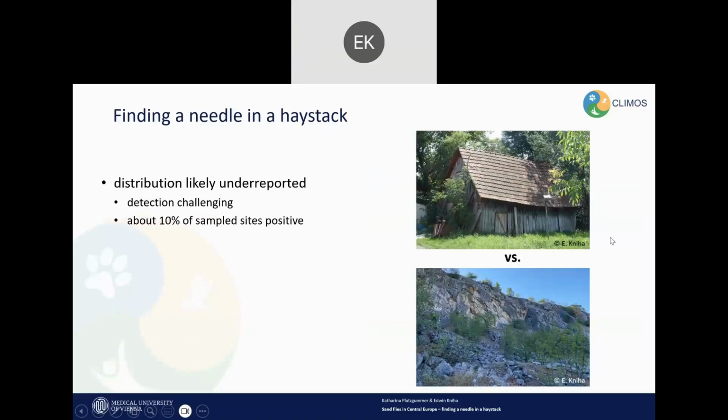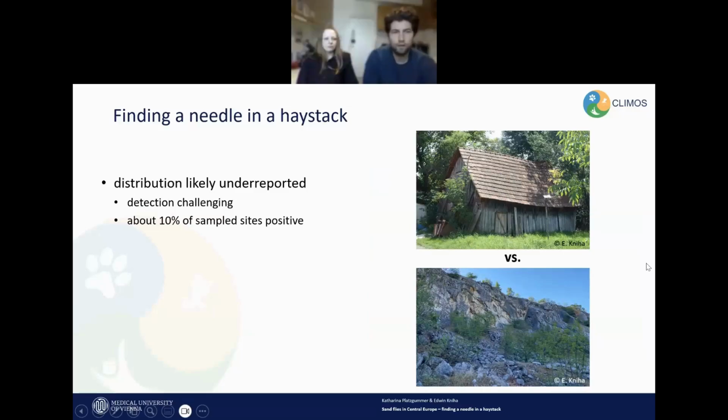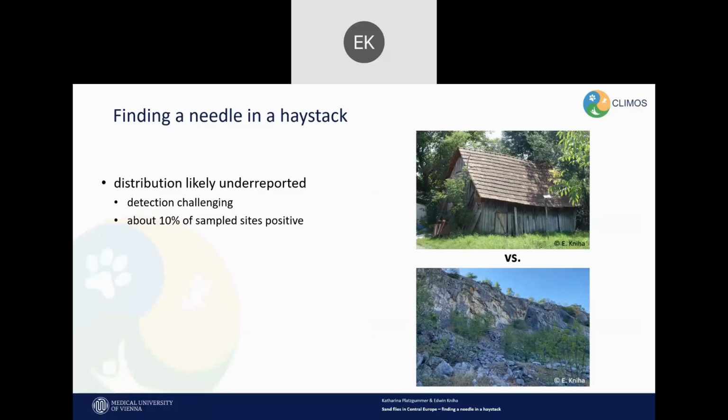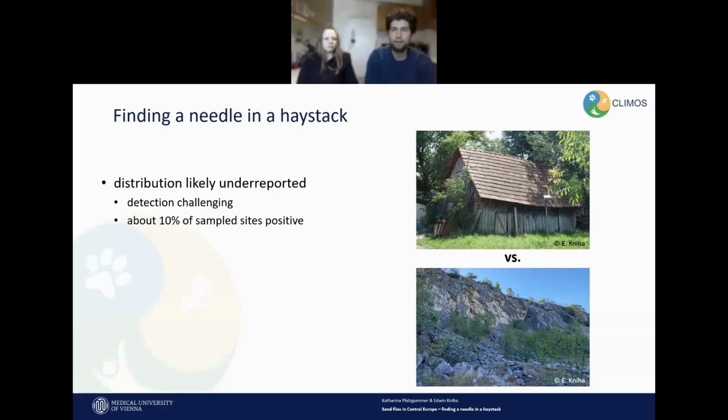And it becomes quite clear that the sandfly distribution in Central Europe surely is yet underreported. We have done a lot of surveys, but still there are a lot of areas that have been unsampled to date. As I said before, the detection is challenging, so you would only find adults flying around, and also at many places and areas, sandfly abundance is not very high, and you don't find too many specimens.